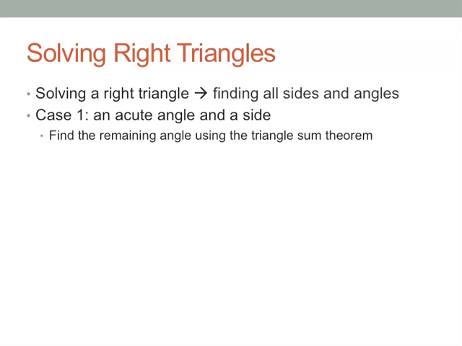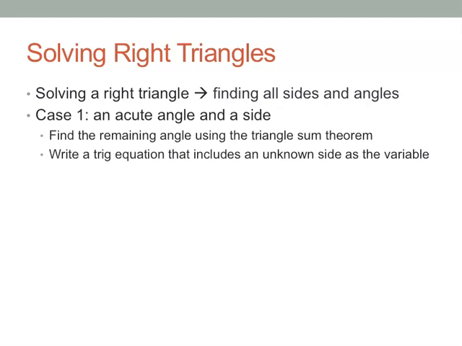Second, now you have one of the sides and you still need to find the other two sides. So to find another side, you will have to write a trig equation that includes an unknown side as the variable. It doesn't matter which side you pick first, as long as you use the correct trig ratio that goes along with that side.